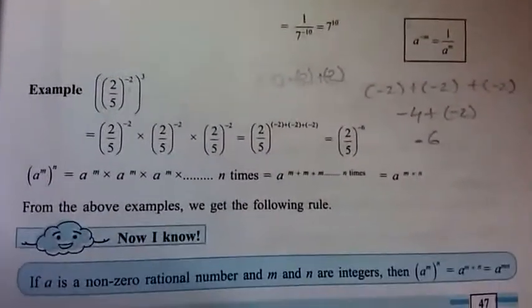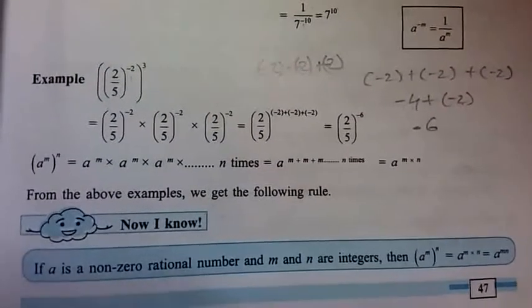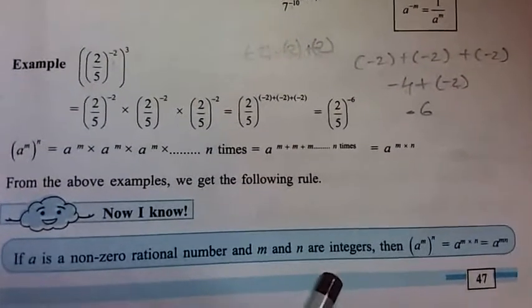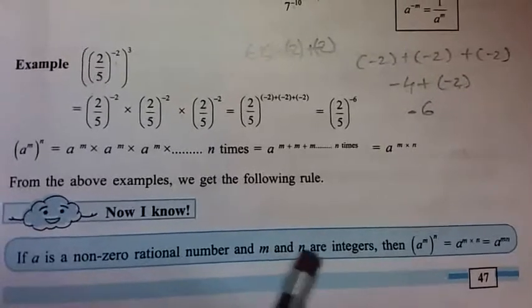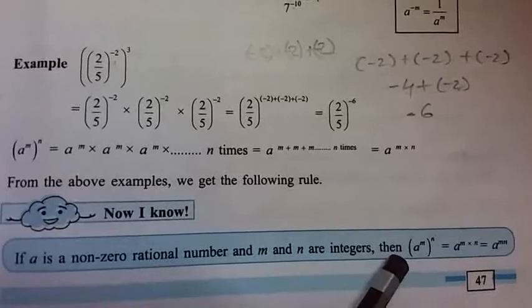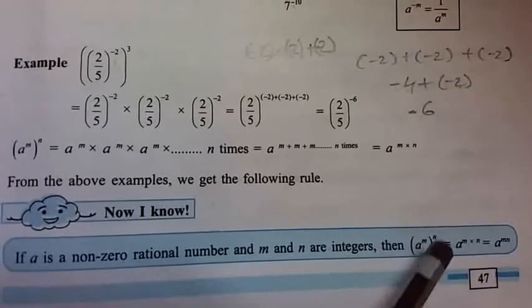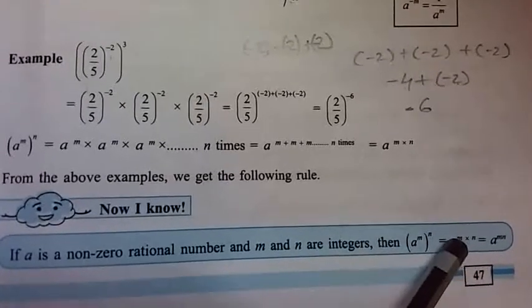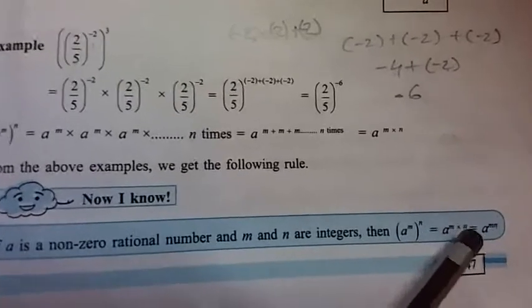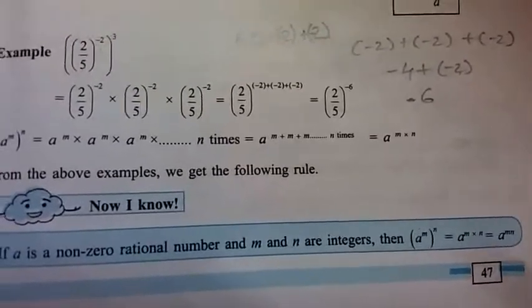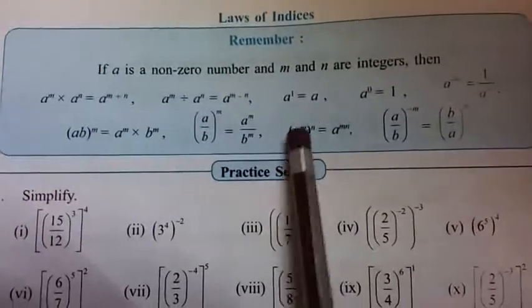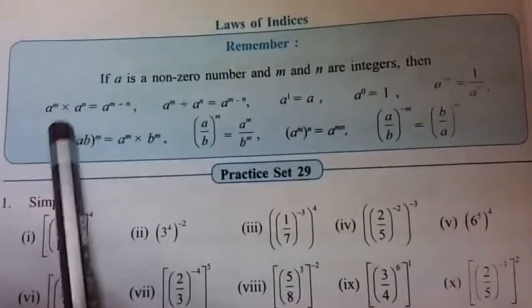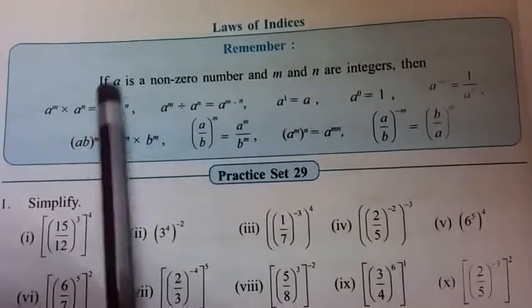From the above examples we get the following rule: if a is a non-zero rational number and m and n are integers, then (a raised to m) raised to n is equal to a raised to m multiplied by n, means a raised to mn. Also, if a is a non-zero number and m and n are integers, then a raised to m multiplied by a raised to n is equal to a raised to m plus n.